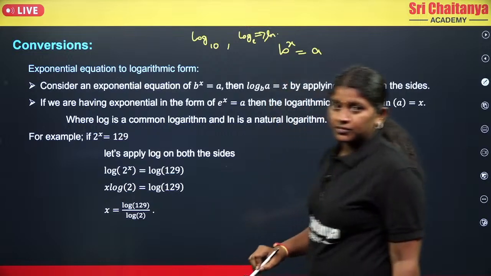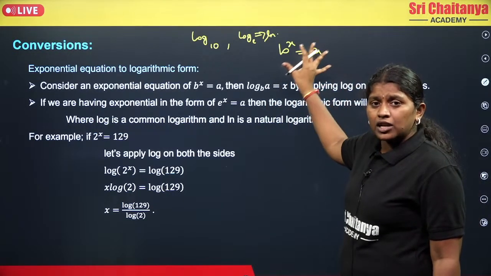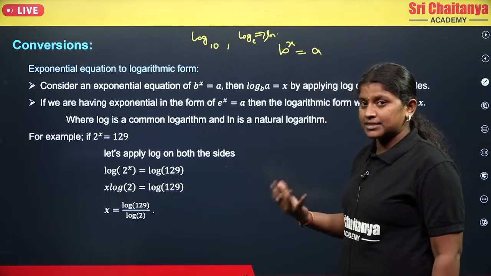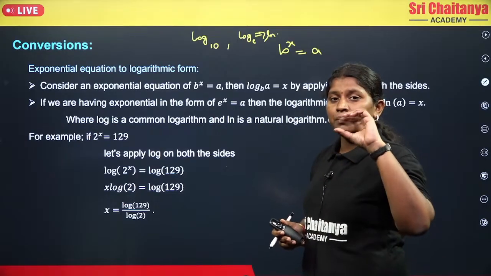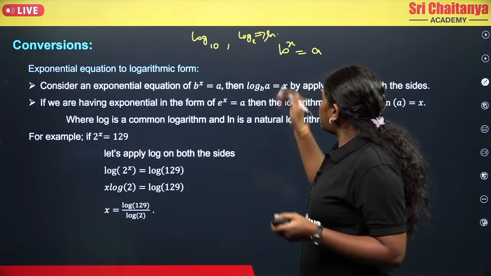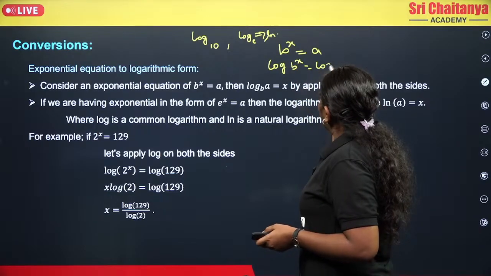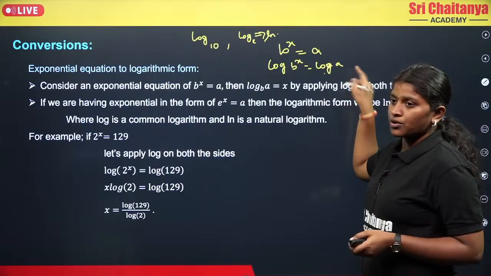these will be represented by ln. Okay, now if we are applying the logarithm, so logarithms is the chapter that we are going to discuss in our next class. But before that, we should know how the exponents will be converted. So now if you apply log on both sides, we will have log b to the power x equals log a.